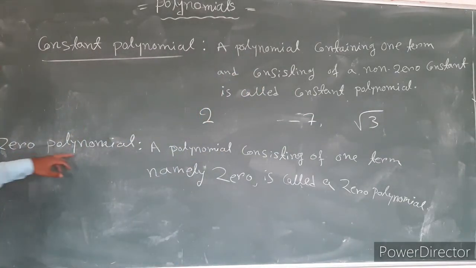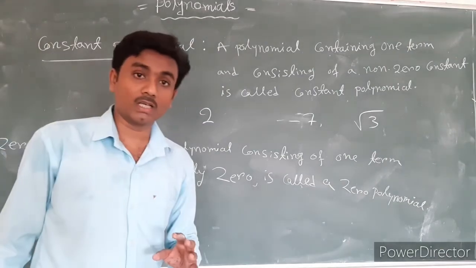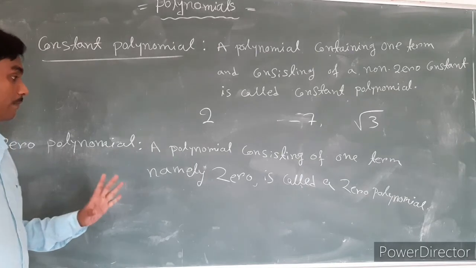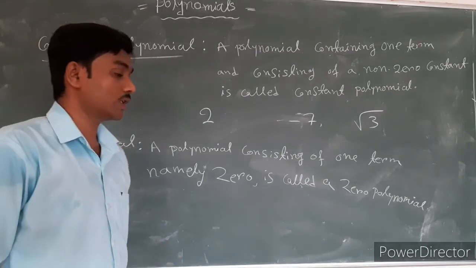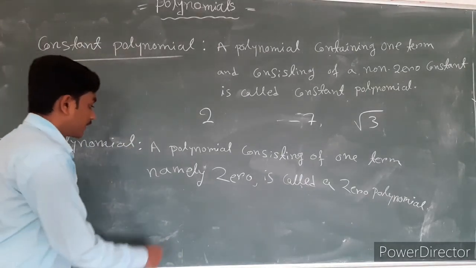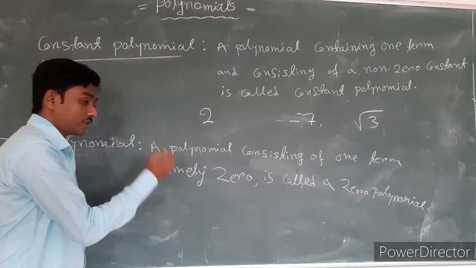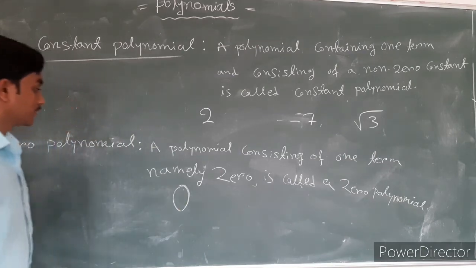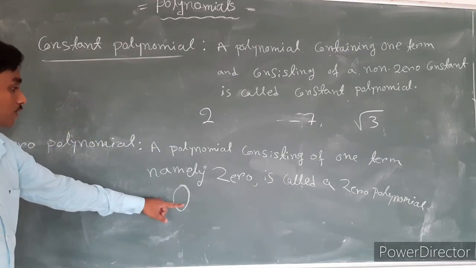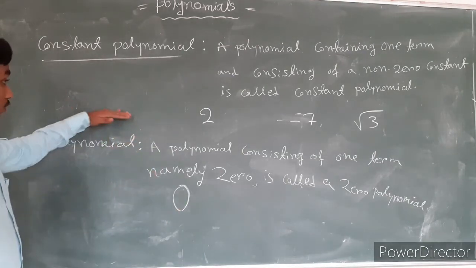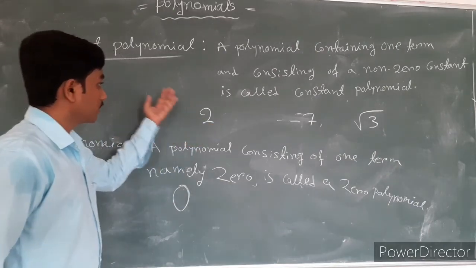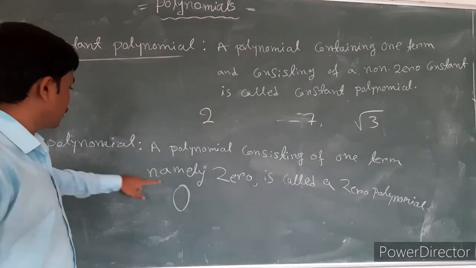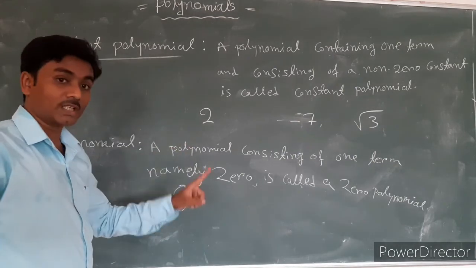Next, zero polynomial. A polynomial consisting of one term, namely 0, is called a zero polynomial. If a polynomial consists of a single term and that is 0, then the polynomial is called a zero polynomial. A constant polynomial contains a single term and a zero polynomial contains a single term.